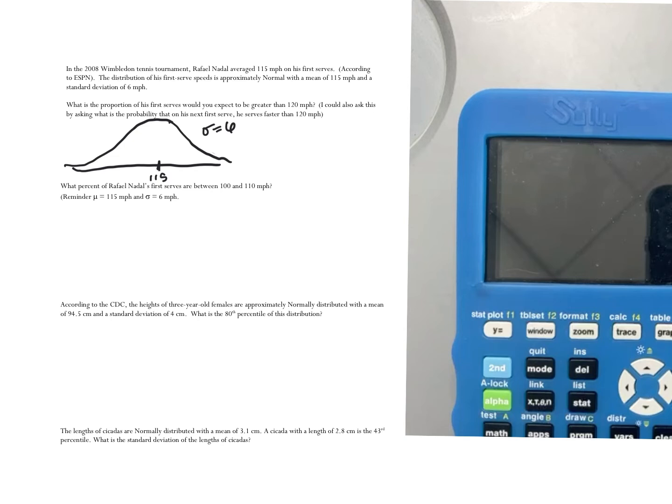Now, the question is asking what proportion, or what is the probability, that his speed on a given serve is bigger than 120 miles per hour. So I could write that 120. Notice that I'm trying to make it close, since 120 is a little bit under 1 standard deviation above.